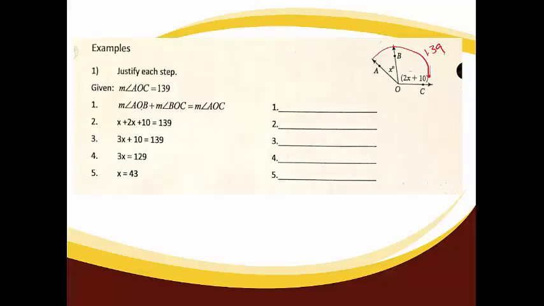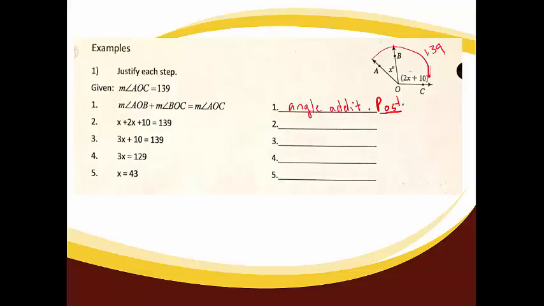So the first one involves adding angles together to equal a whole angle. If you don't remember, that was called the angle addition postulate. I'm going to abbreviate it as angle addit post. Feel free to abbreviate, you don't need to write out all the words.